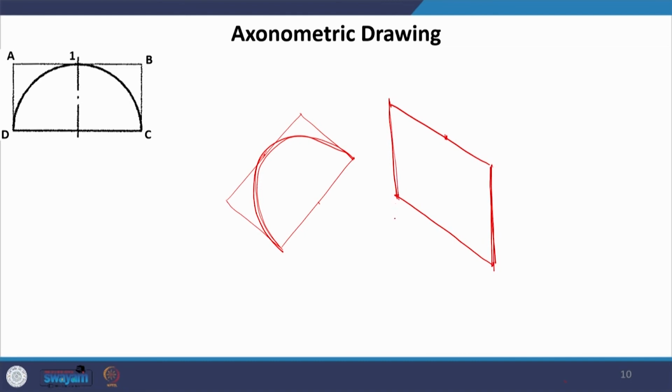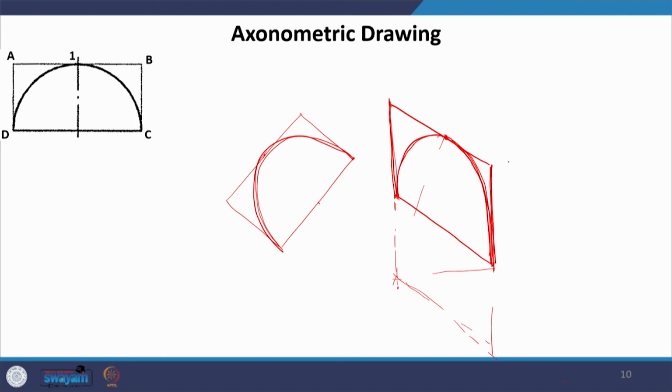So, again we will extend, and what we will get is a skewed semicircle like this.